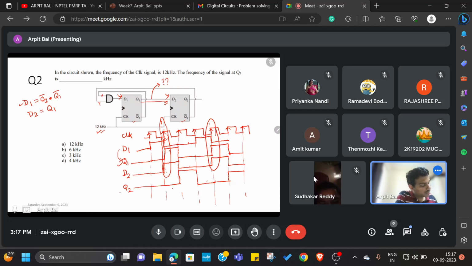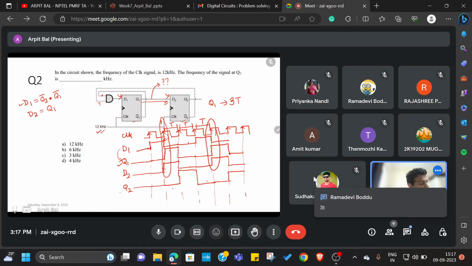After what period is it repeating its value? From here to here this is t, from here to here this is one more t, and from here to here another t. So total q1 repeats itself after 3t.